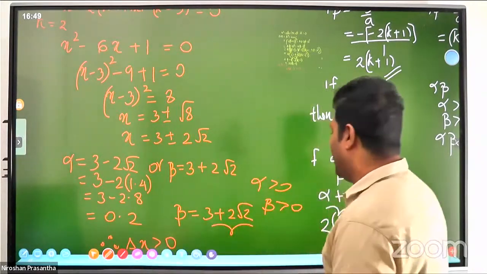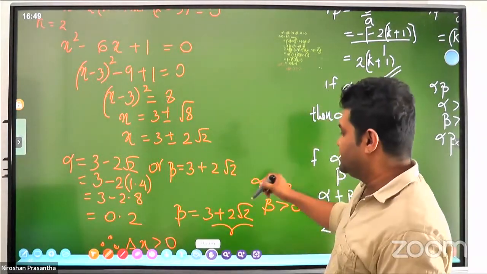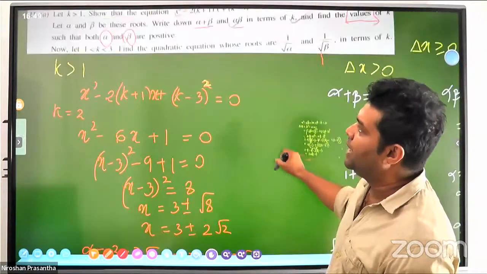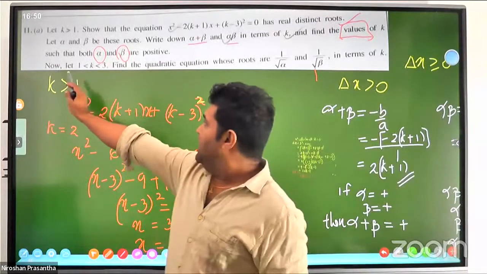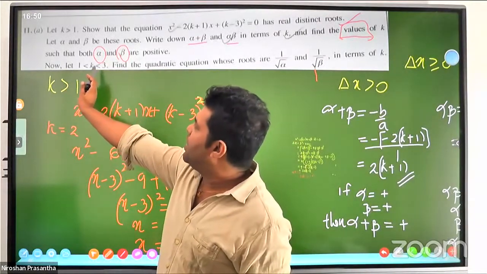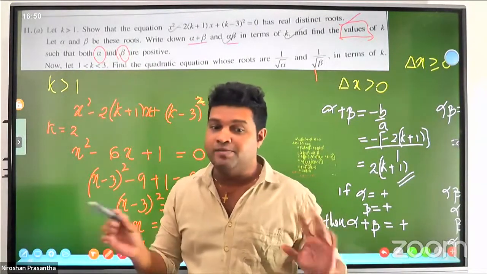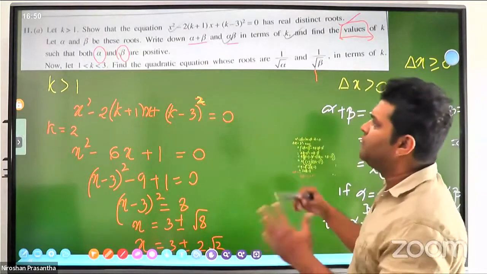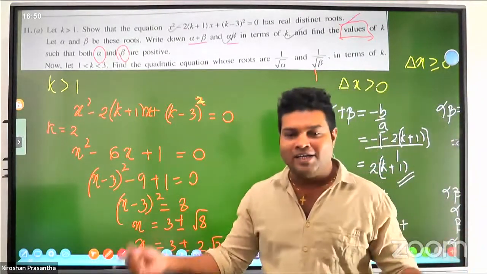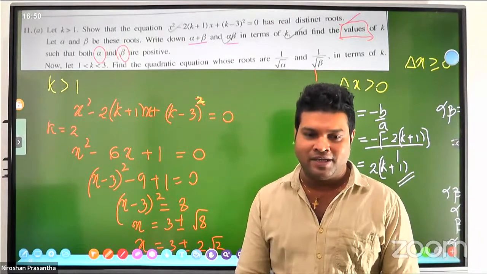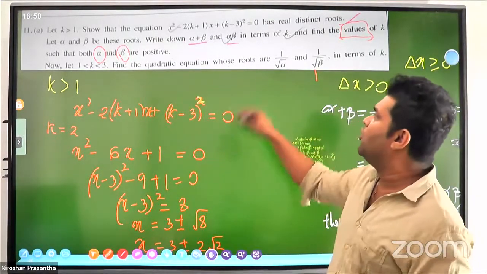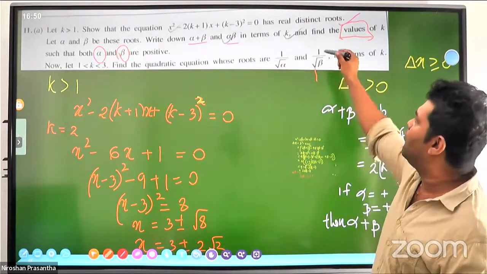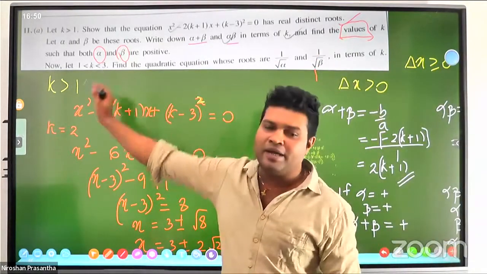Okay, now we can go towards the final part of part A. See, now let k be between 1 and 3. In the case k between 1 and 3, both roots are positive in consideration. Find the quadratic equation whose roots are 1 over root alpha, 1 over root beta. By giving this, what do you mean by that?